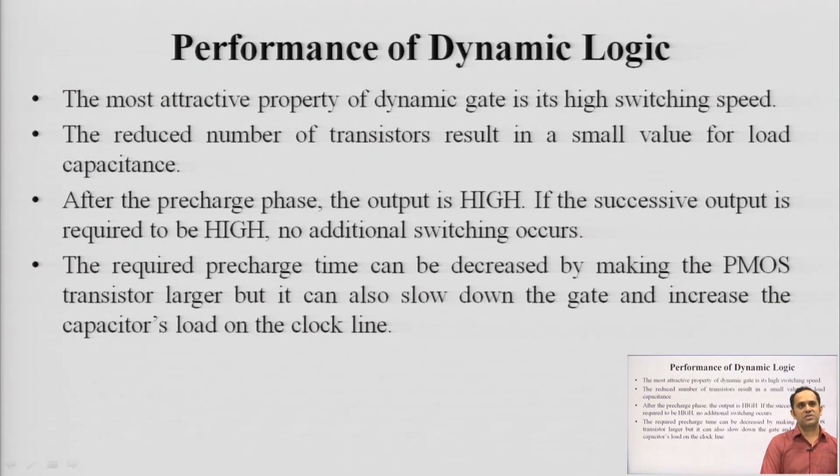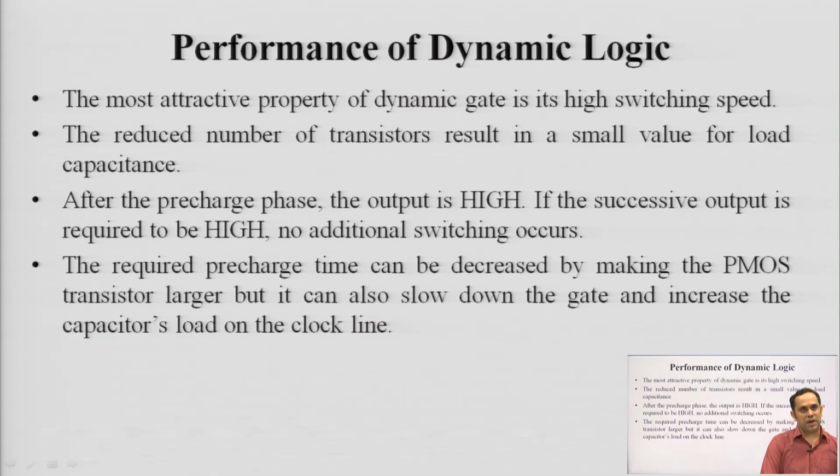The required pre-charge time can be decreased by making the PMOS transistor larger. So, when you increase the width of the PMOS transistor, your pre-charge time can be decreased. But you should not make it so low that the capacitor does not charge to its required value. There is always some kind of a trade off in logic designing.